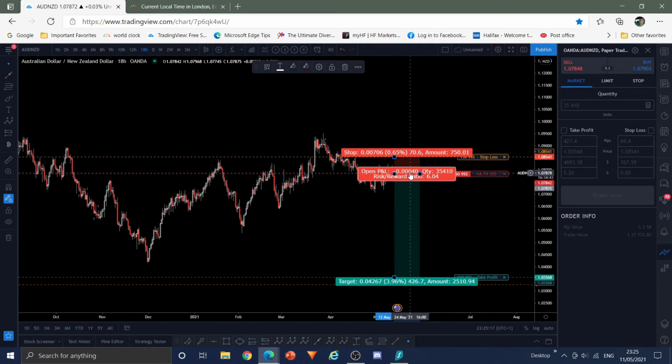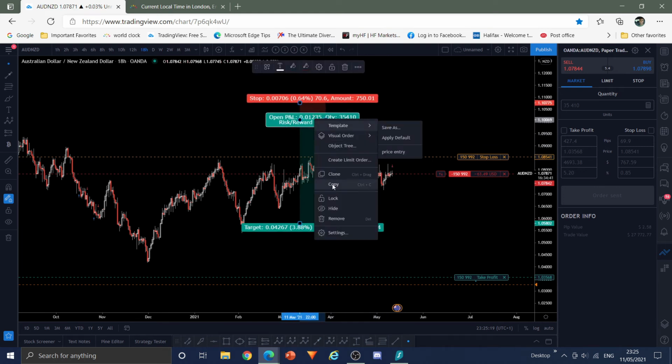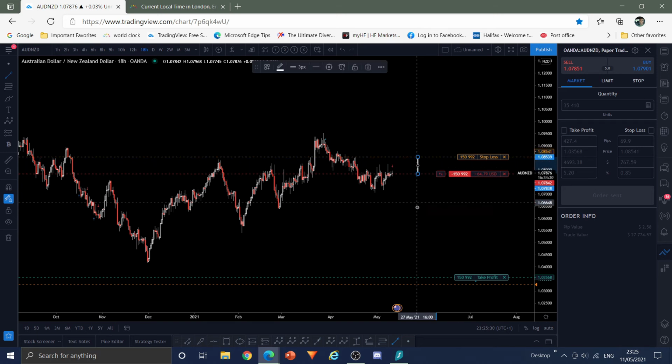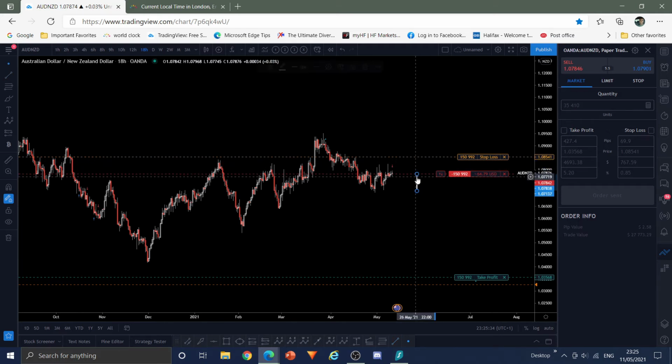Now, before I go, let's just set the trade up now. Where's my risk? What am I going to do? How am I going to manage this? Well, I'm going to get this line. I'm going to pull this line vertically in between my stop loss and my entry.